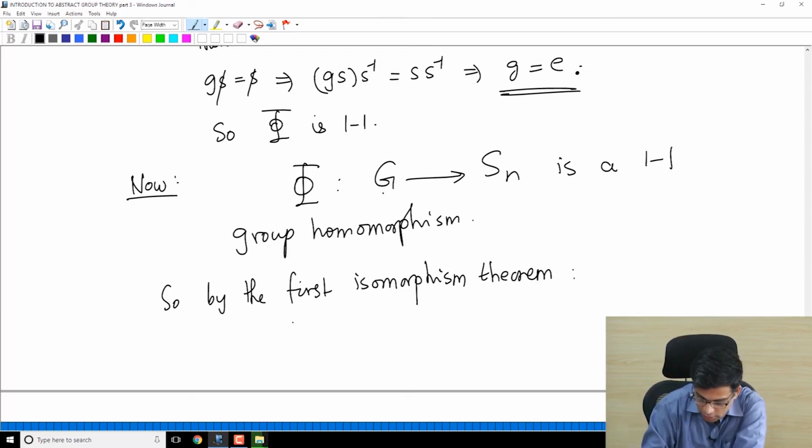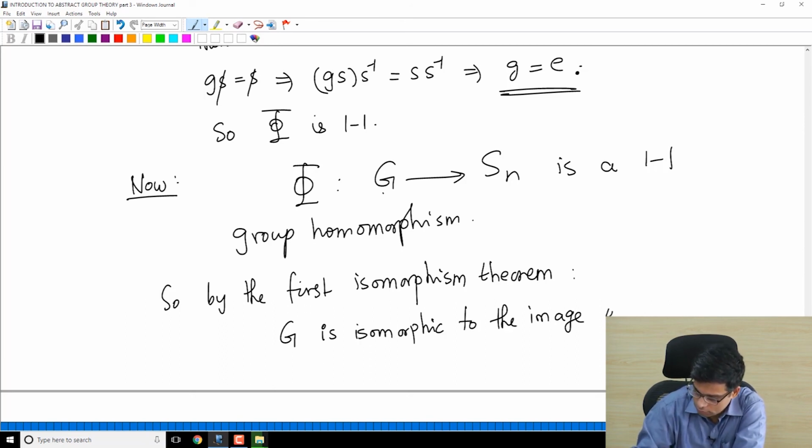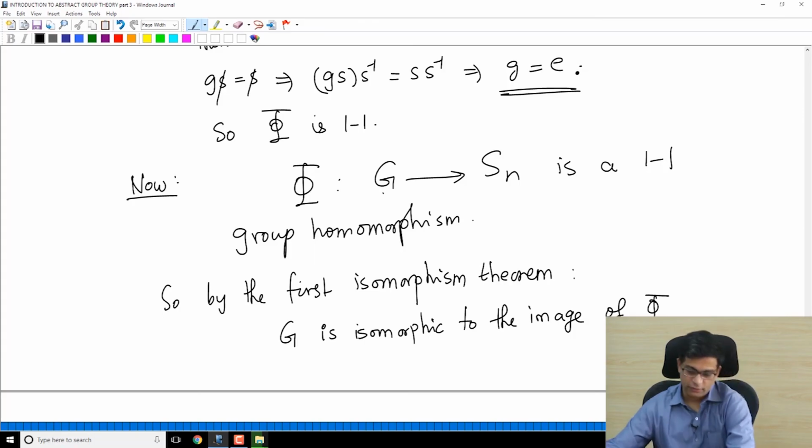In this case, the kernel is trivial, right? Because it's injective. By the first isomorphism theorem, G is isomorphic to the image.